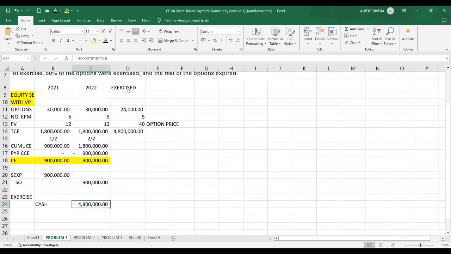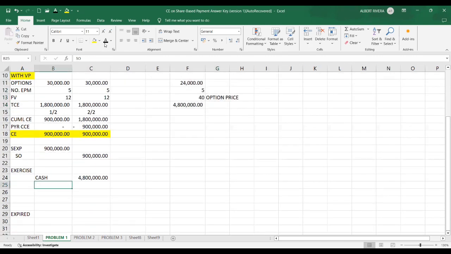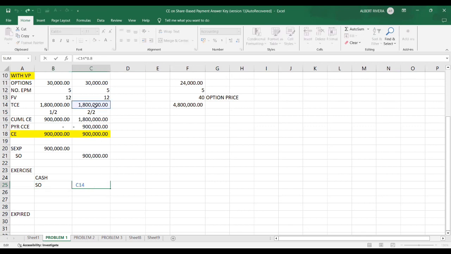Then, you have the share options. Okay? Yung share options mo na ipinalit ay ano lang, di ba? 80% lang. Okay? So, 80% lang nito. So, kung gusto mo, 24,000 times 5 times 12, that would be yung in-exercise.